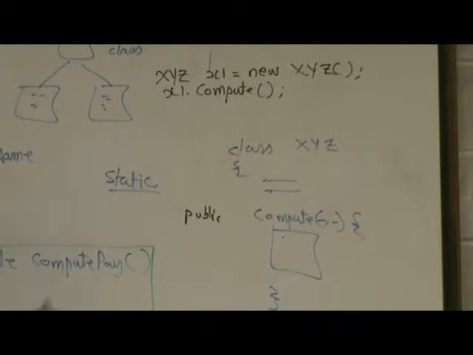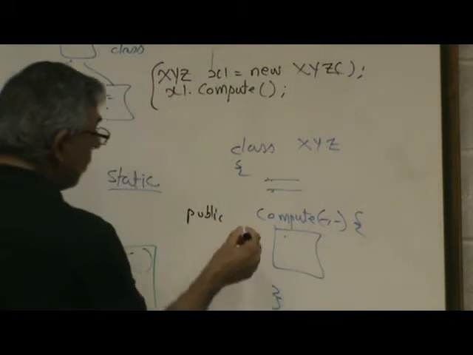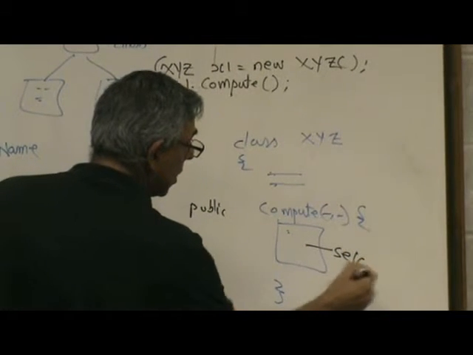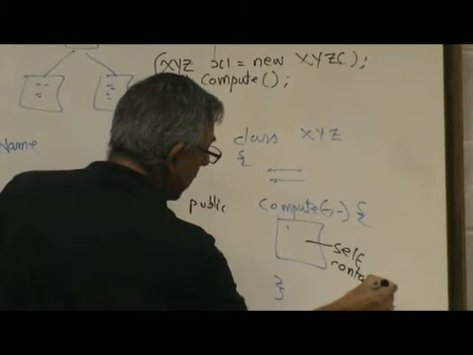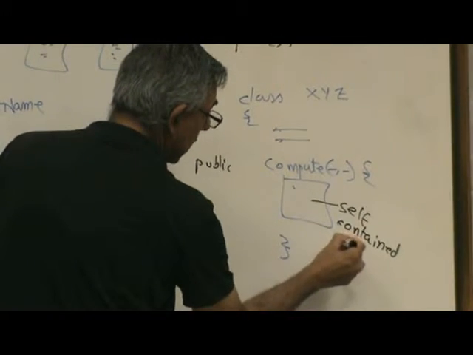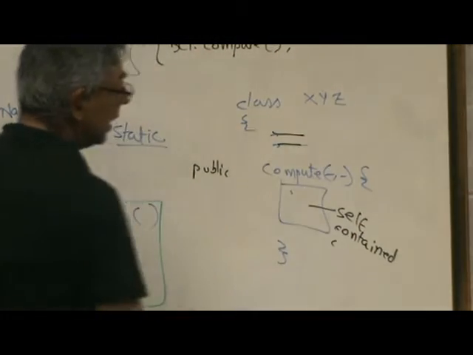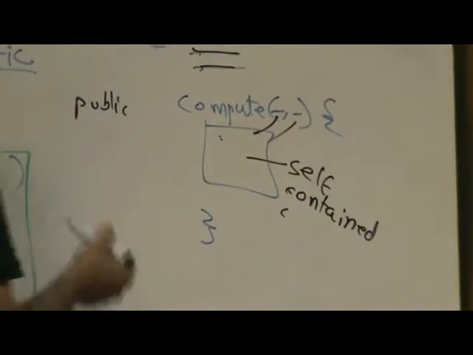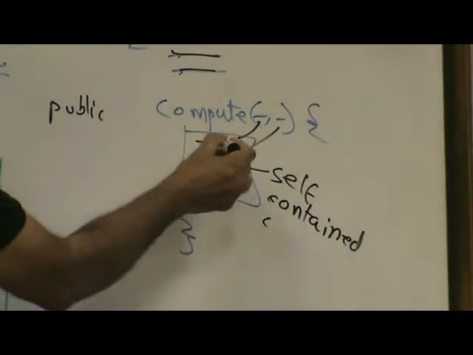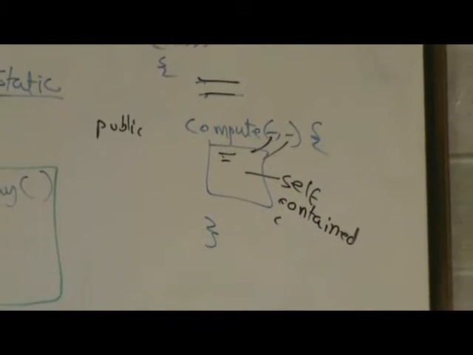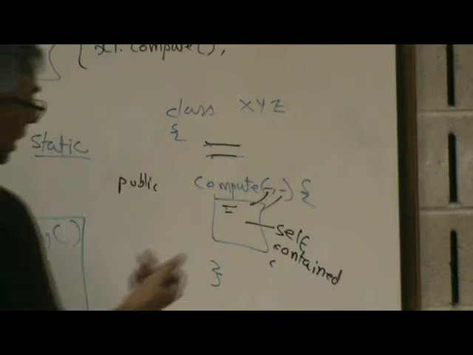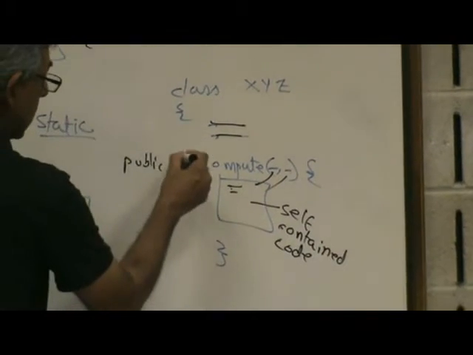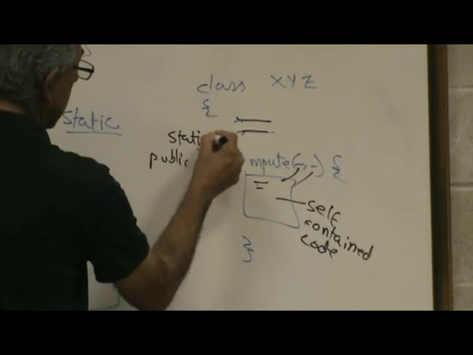So to make the caller's life easy, if we recognize the code is totally self-contained, what do we mean by that? Meaning it never uses the data inside the class. It either uses the parameters that are passed to it, or creates its own local variables, and based on that, it does some computation.